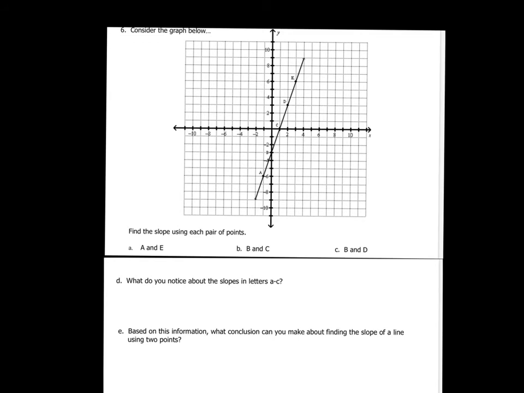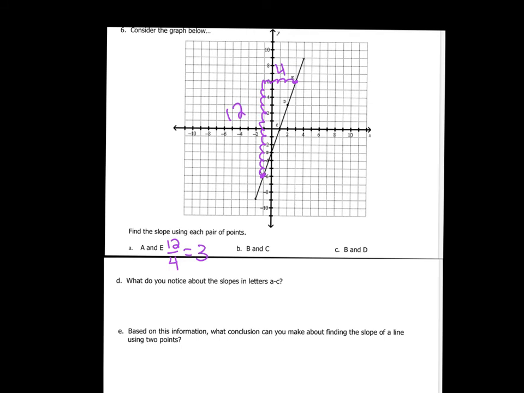All right, so for number 6, we're asked to find the slope of multiple points, but they are all on the same line. So for letter A, it says the slope of A and E. So from A to E, we count the rise and the run. And from A to E is going to be 12 over 4, which simplifies to 3.